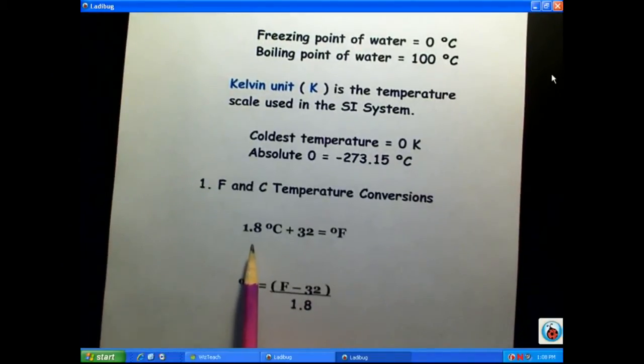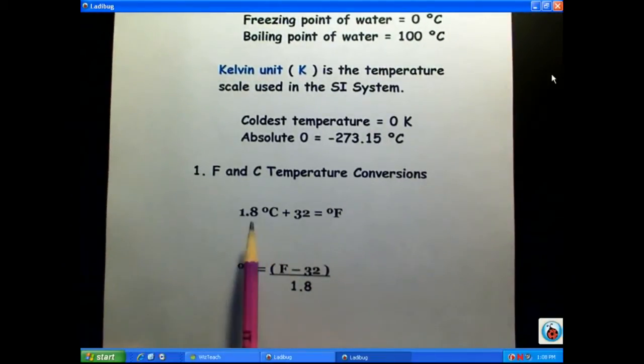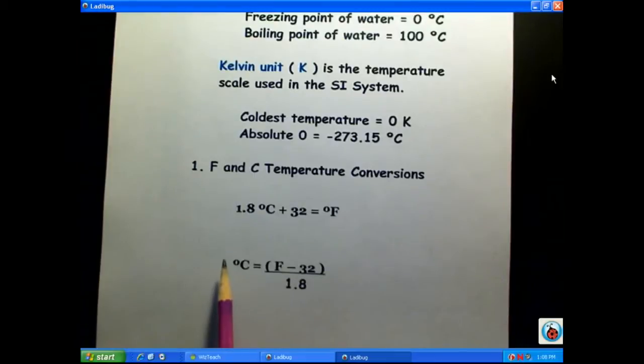Fahrenheit and Celsius temperature conversions. We use these formulas, and these will be supplied to you on the exam. 1.8 times degrees Celsius plus 32 is equal to degrees Fahrenheit. So if you are given Celsius degrees and you need to convert to degrees Fahrenheit, you would use this formula and insert your degrees Celsius in here.